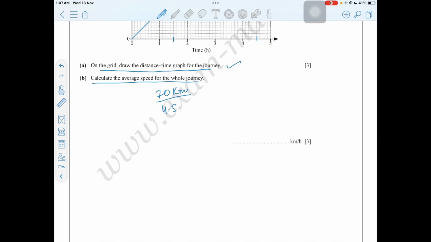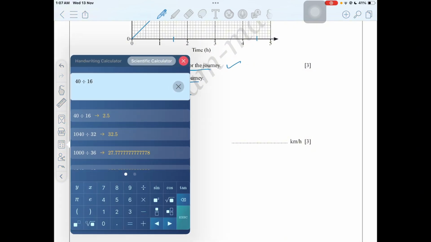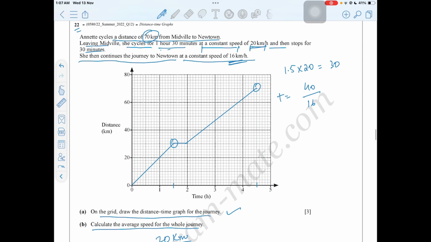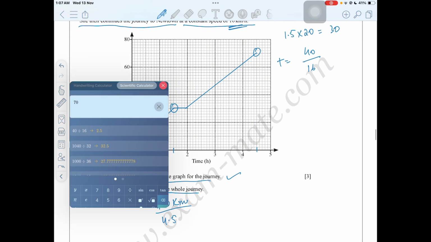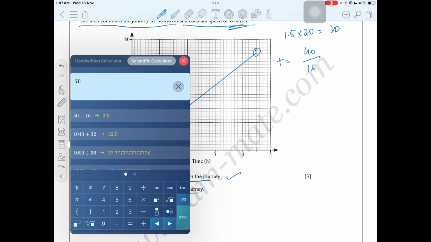So let's just calculate it. This would be 70 divided by 4.5.